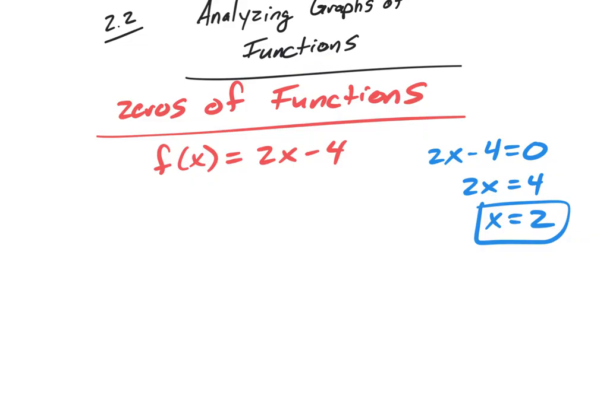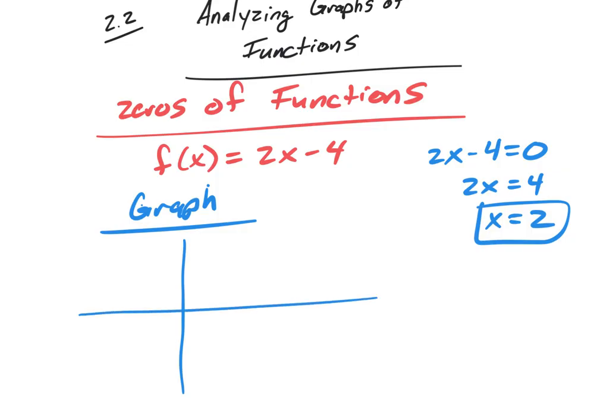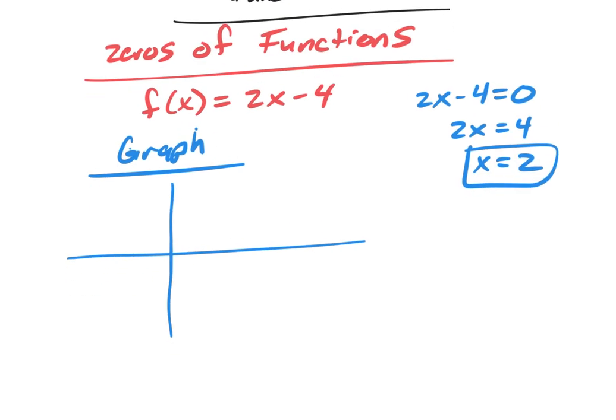Now, if I were to look at the graph of this, my y-intercept is -4. My slope is 2 over 1. So we're going to go up 2 over 1, up 2 over 1.